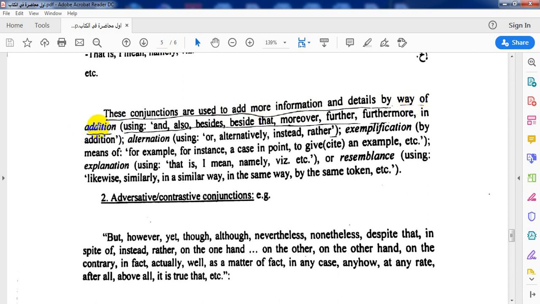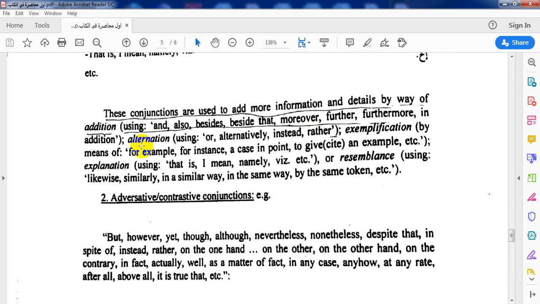The first function for those additive conjunctions or connectors is for obtaining addition, like using and, also, besides that, moreover, furthermore, in addition. So addition here, الإضافة, is to add more information.